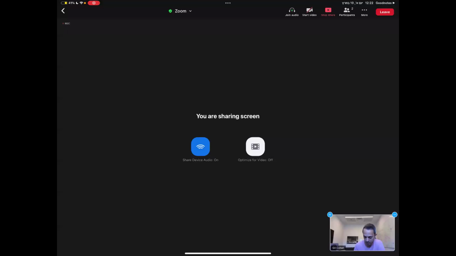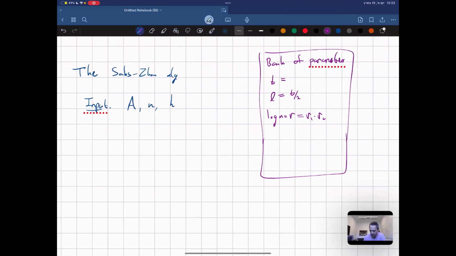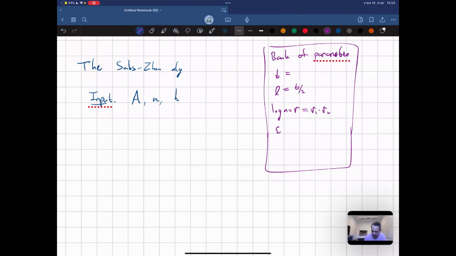And there are also 2 other parameters, epsilon Nissan and delta Nissan, which we'll talk about. And I think that's it. So the idea of Saks-Zhou, and I was incorrect: Saks-Zhou is going to be a randomized algorithm, not a deterministic one. But H is not its randomness. H is part of the input. Okay?